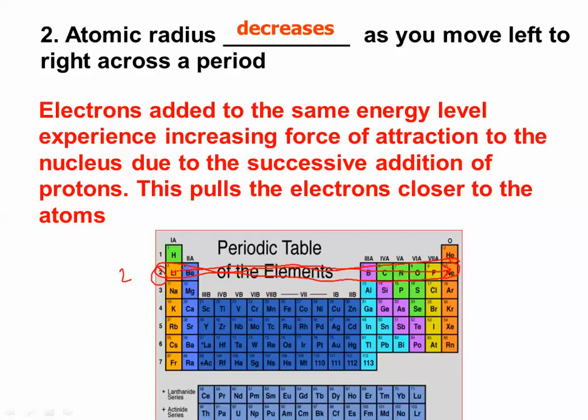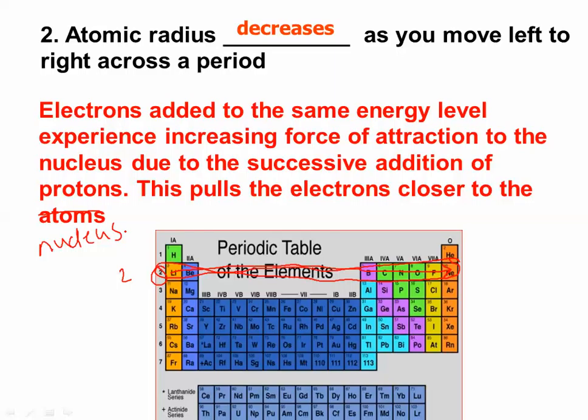But what you're doing is, as you're adding more electrons, because atomic number goes up as you go across, so you're adding more electrons, but you're also adding more protons. And that increases the force of attraction, and that pulls the electrons closer to the nucleus. All right, and this should say, that shouldn't say atoms, that should say nucleus. So that's something I need to correct.